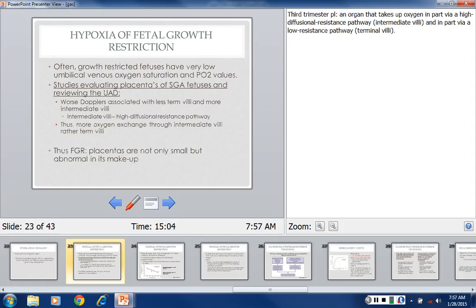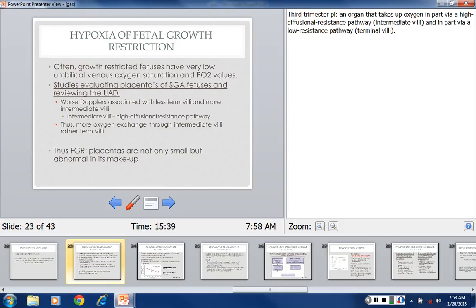What about hypoxia? This is the main thing that affects what we do. And how does it affect growth restriction? So often, growth-restricted fetuses have very low umbilical venous oxygen saturation and PO2 values. Studies evaluating placentas of growth-restricted fetuses and then reviewing their umbilical artery Dopplers have shown that those with the worst Dopplers were associated with fewer terminal villi and more intermediate villi.